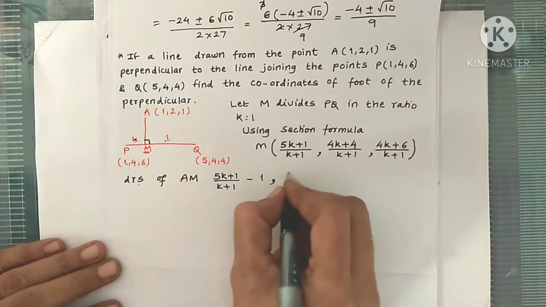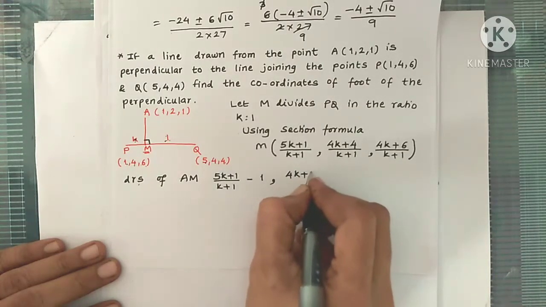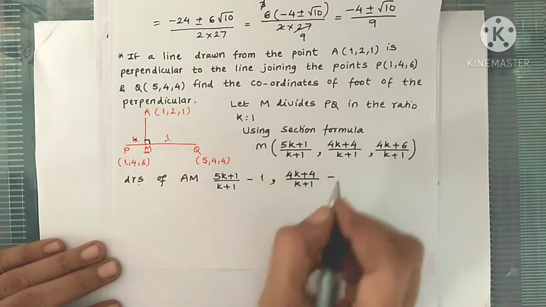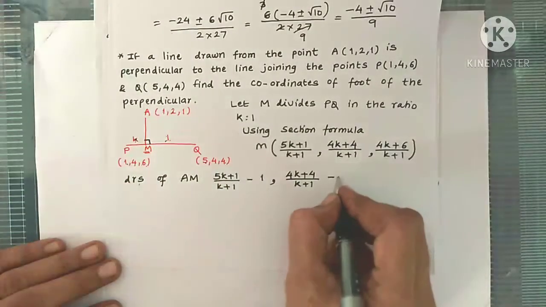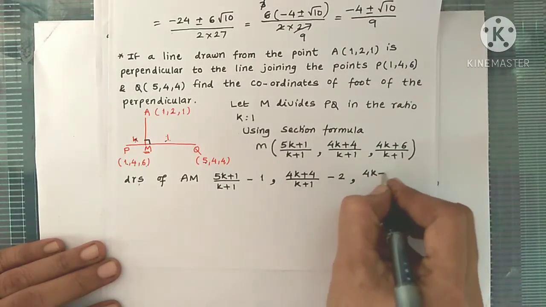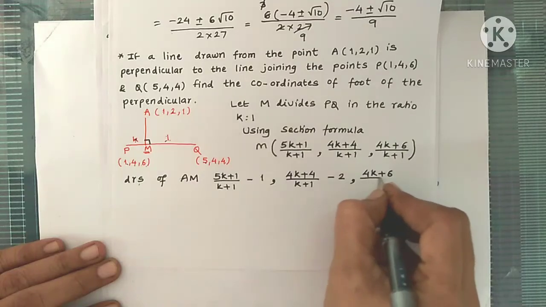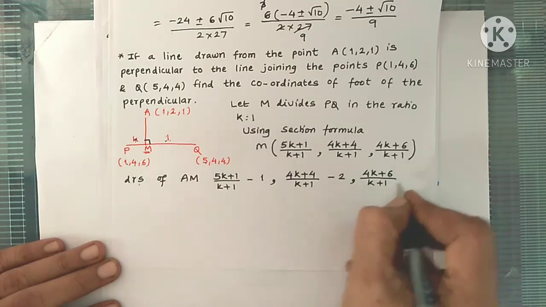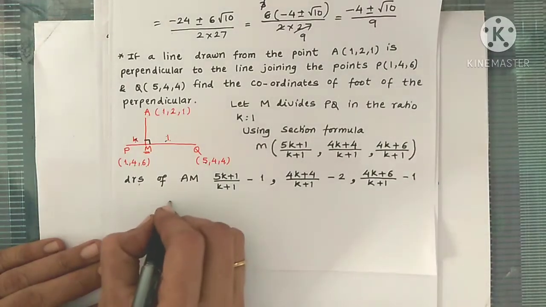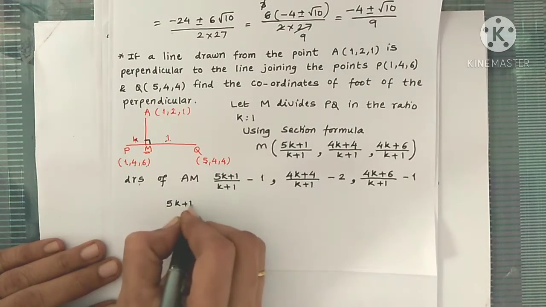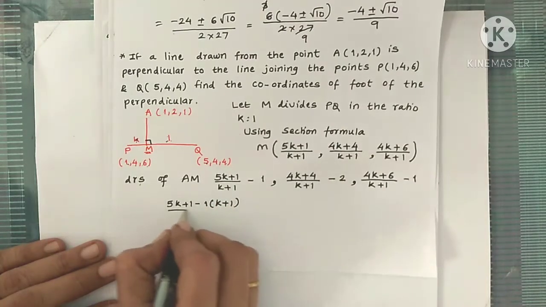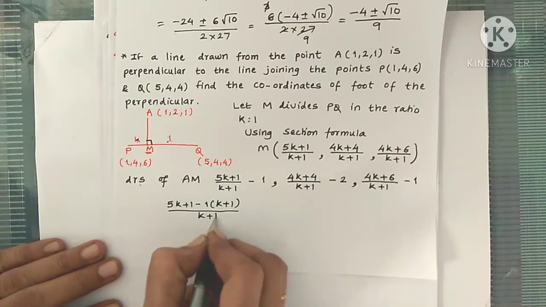For the y coordinate, it is 4k plus 4 upon k plus 1 minus the y coordinate of A, which is 2. And the z coordinate is 4k plus 6 upon k plus 1 minus 1. First let's simplify this. So it is 5k plus 1 minus 1 into k plus 1, upon k plus 1.